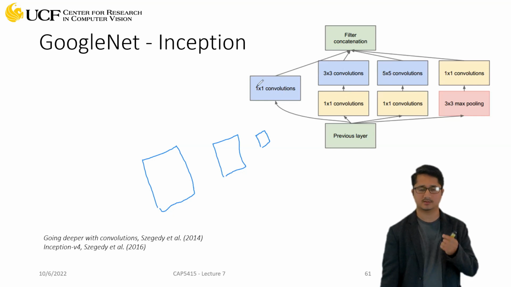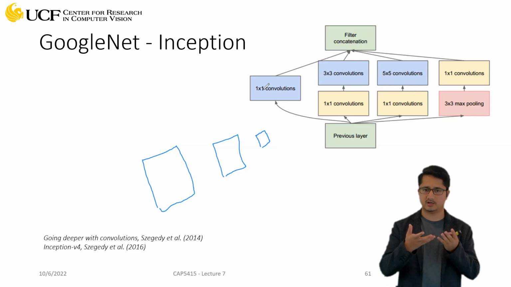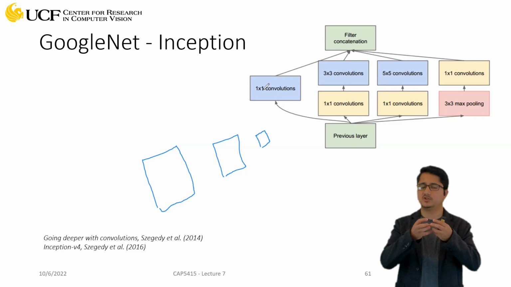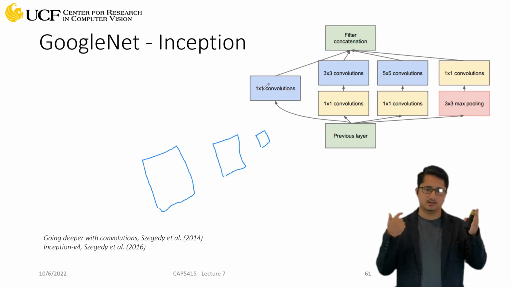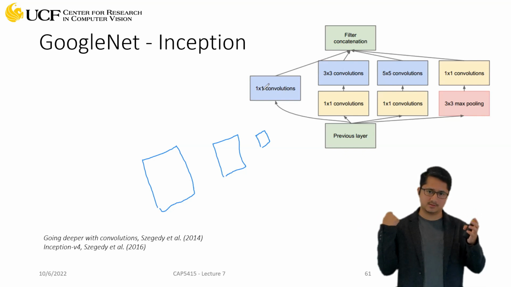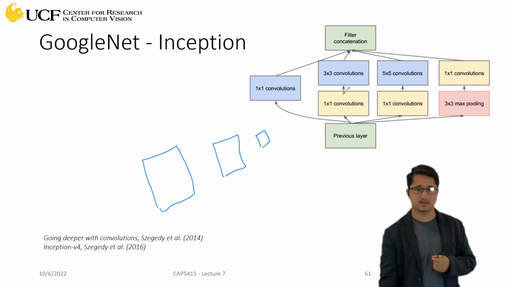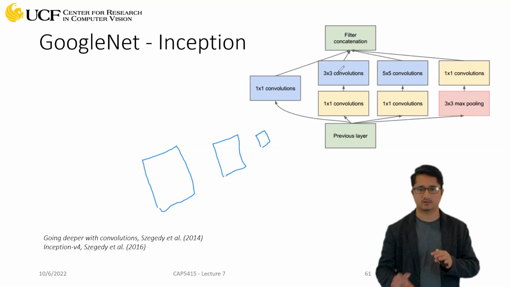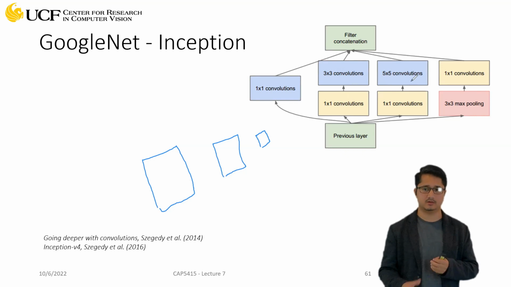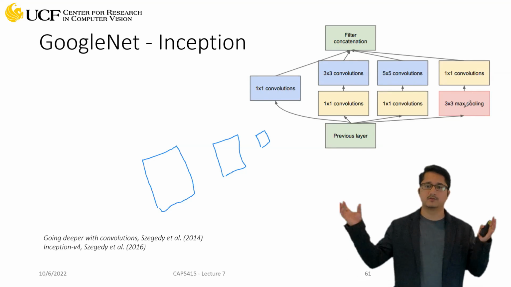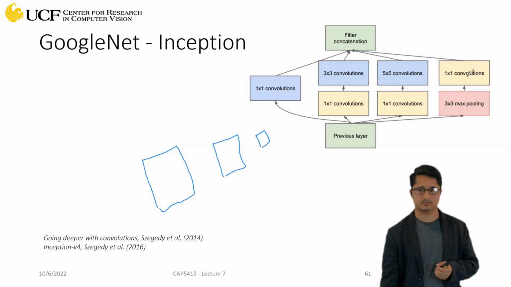So you are just looking at the pixel location, which is 1x1. The idea here is you don't really care about the neighbors. You only care about what different feature sets you have across the channels, and whatever inference you're making, you're just computing a linear combination of those activations, right? And this is 3x3, so this is trying to look at a local neighborhood as well. 5x5, a slightly bigger neighborhood. And again, this is doing a max pooling, so you first reduce the shape and then again look at it.